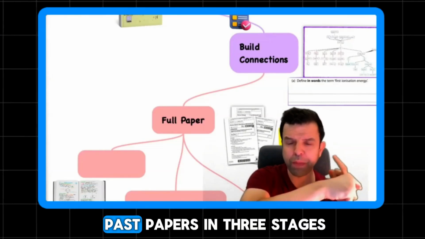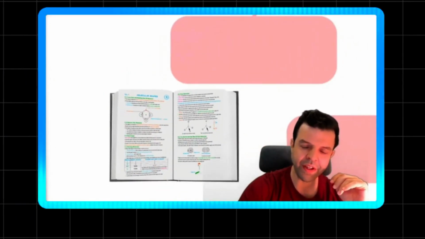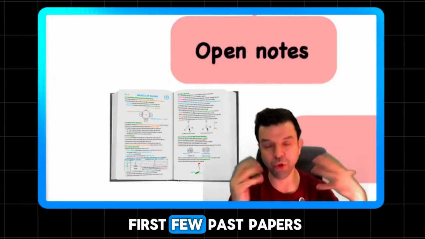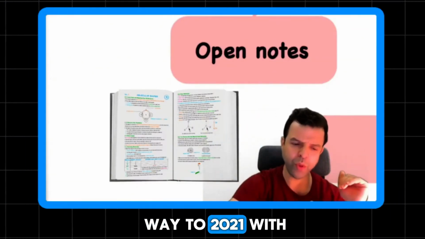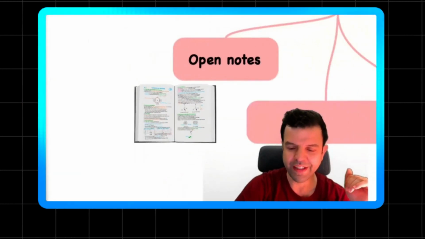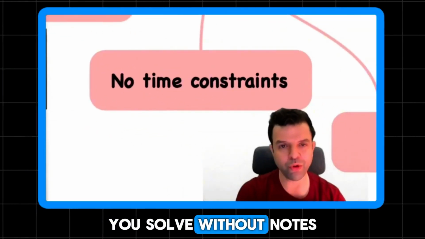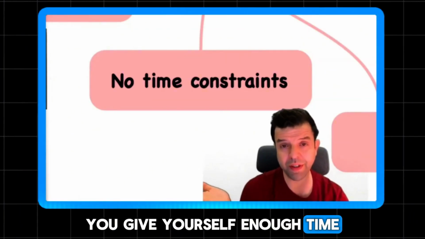Now, during that revision time, you'll be solving full past papers in 3 stages. Stage 1, just like the one you've done with the homework, you'll be solving the first few past papers, like 2019 all the way to 2021 with open notes. Stage 2, you'll solve without notes. You give yourself enough time.